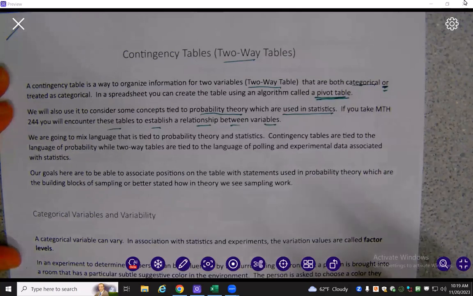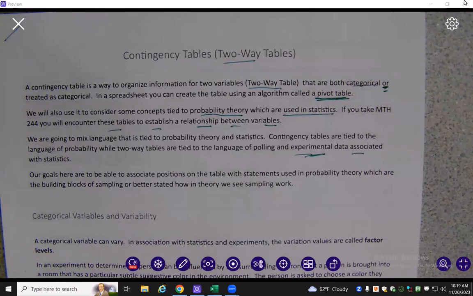Experiments use this a lot, and so does polling. Polling is another place where you see these tables prop up. For example, the University of Chicago does a wellness survey across the United States every few years. If we have time, I'm going to show you where the site is. It's pretty incredible. They've been tracking happiness. Do you ever see in the news what's the happiest country on the planet or the happiest city?